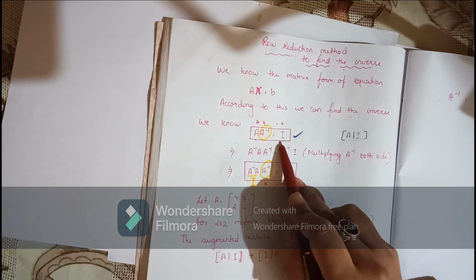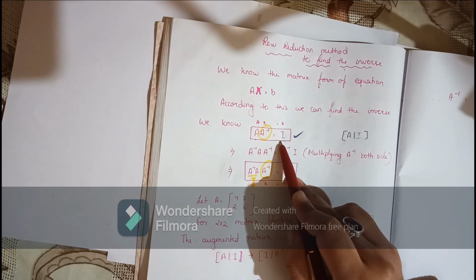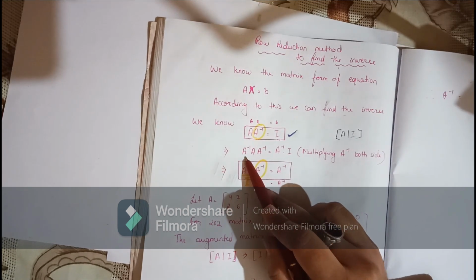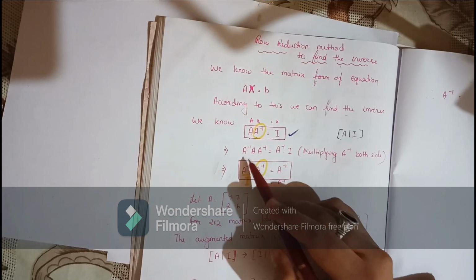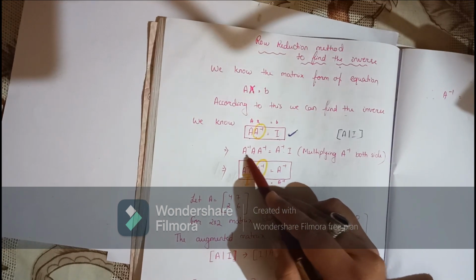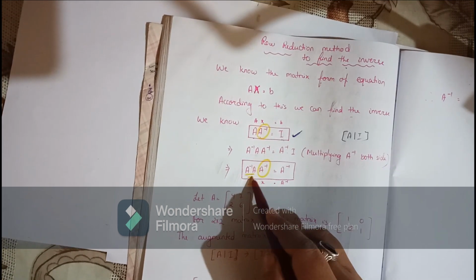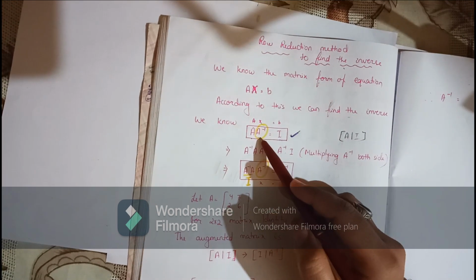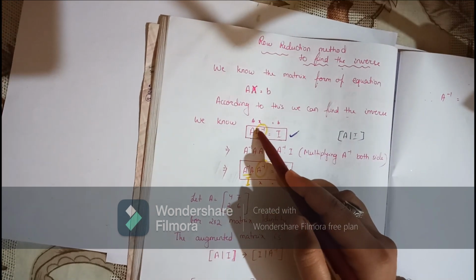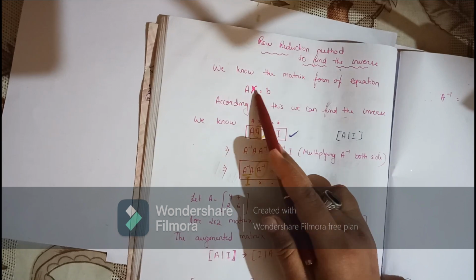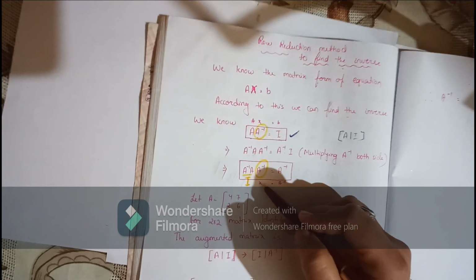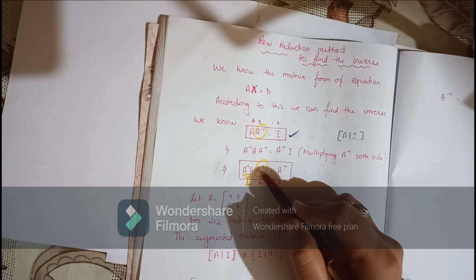Now in this equation, if I multiply by A inverse on both sides, I get this much, right? We know that A inverse and A give us I, so this gives me I. Earlier I considered X in this equation, so here also I'll consider this as X, the unknown.